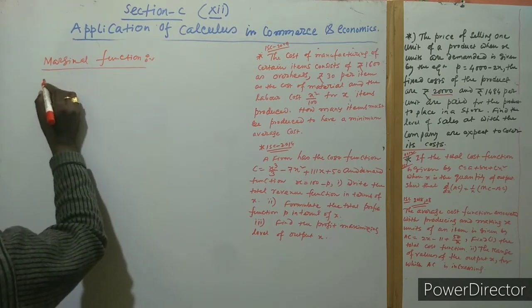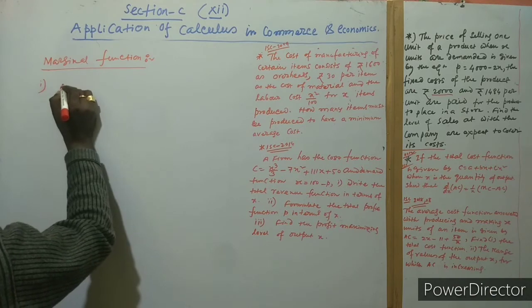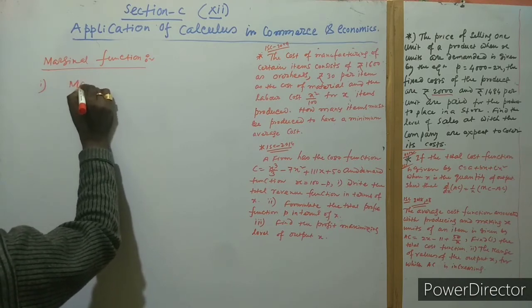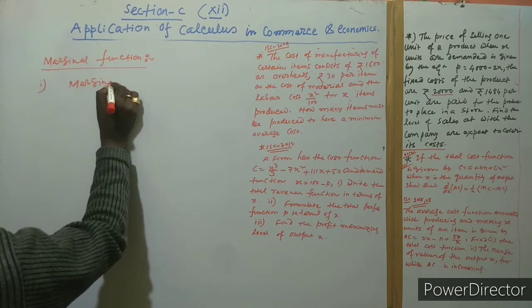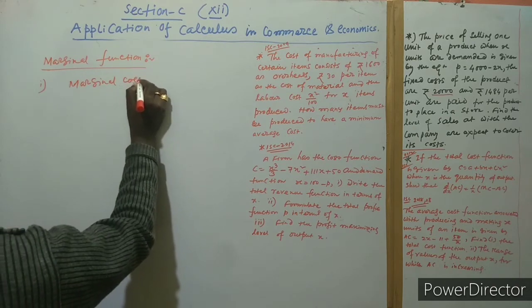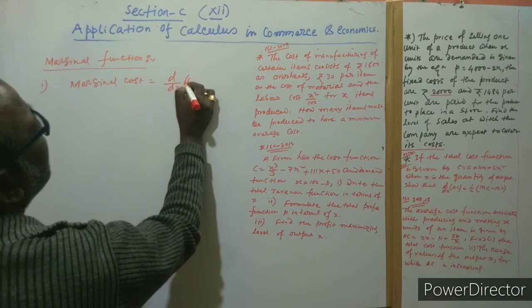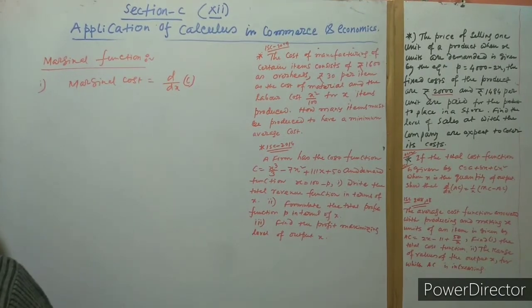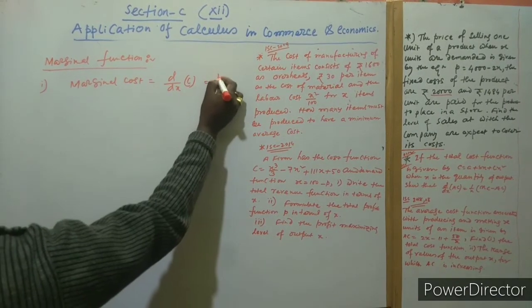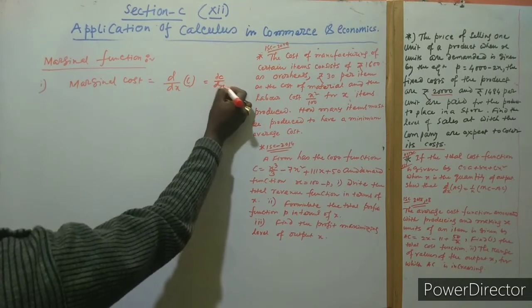Number 1, marginal cost. Actually, this is the derivative of the cost function, it is called the marginal cost. That is denoted by dC/dx.